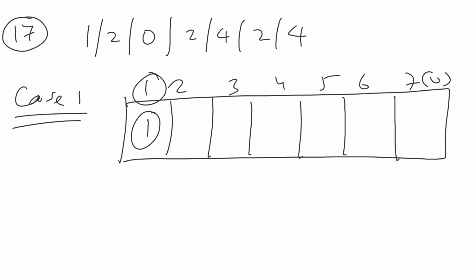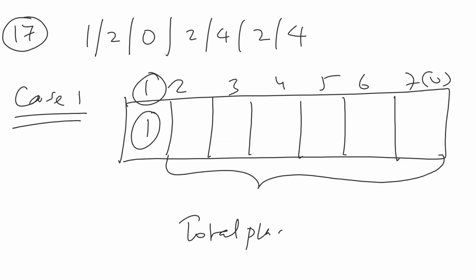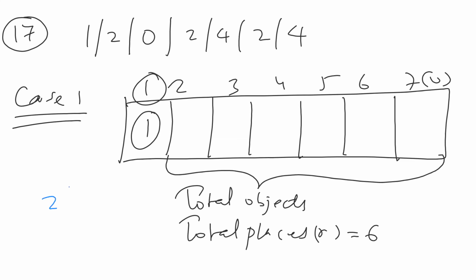Number starting with 1. Now here the remaining places, the total places are equal to 6. Total objects, which objects can be used? We can use 2, 0, 2, 4, 2, 4. So the total objects are 6.